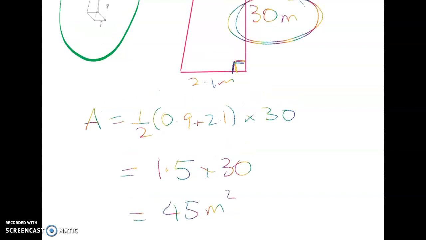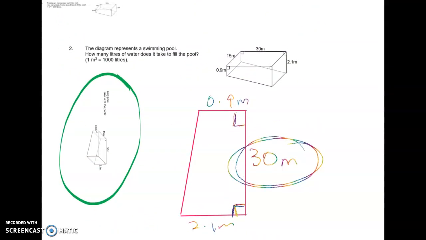Now, to figure out the volume of the pool in metres cubed, we're going to take that area and we're timesing it by this bit along here, right, which is 15 metres. So we've used this, this, and this in finding the area of the trapezium, right?